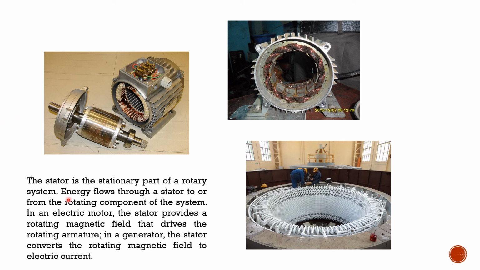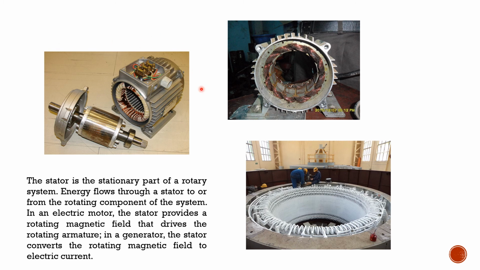And the second main part is the stator, which is the stationary part of an electrical machine. So this is the stator. It is basically static. It does not move, and the energy flows through a stator to or from the rotating component of the system. And the rotating component of the system is the rotor.